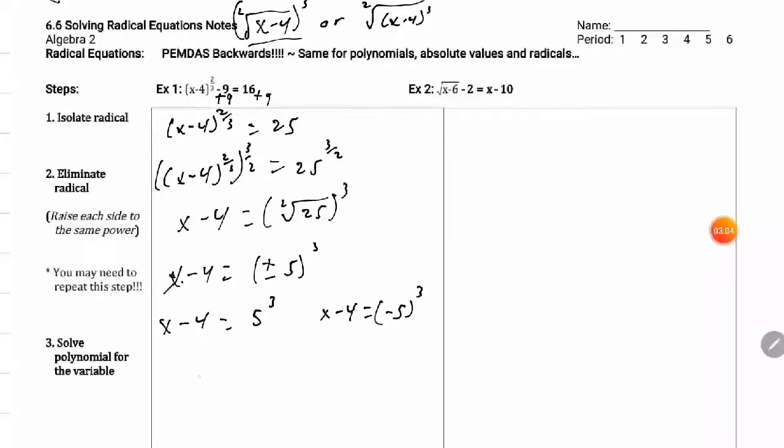So I'm going to add 4 to both sides. 5 cubed is 125, so 4 plus 125 equals 129. And then this is going to be negative 125 plus 4, so this is going to be negative 121. Okay. So we have two answers.